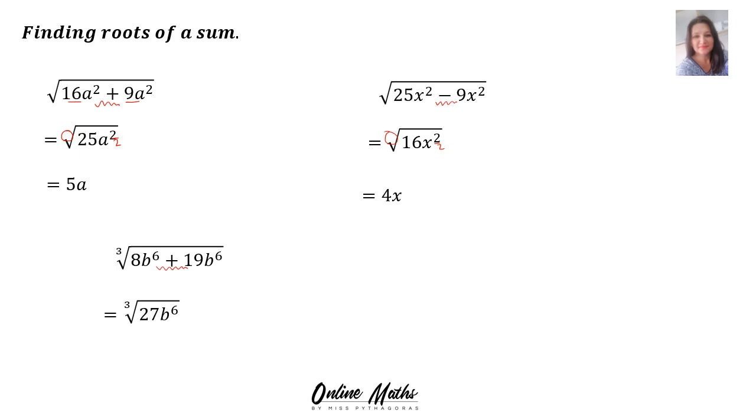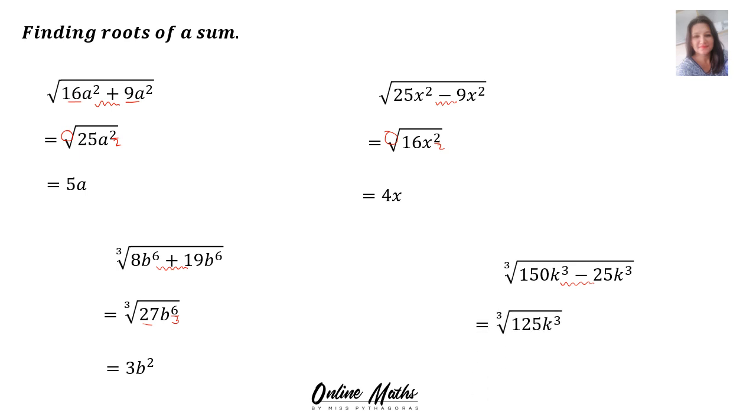And now you can take the cube root of the 27 is 3, and then in terms of b to the 6, when you take the cube root there, you will divide the exponent by 3. So the answer there is 3b squared. And then on this one, the cube root of 150k to the 3 minus 25k to the 3. Again, you cannot take the cube root over a plus and a minus.